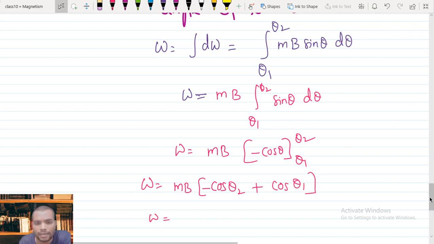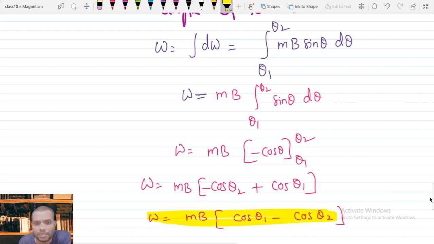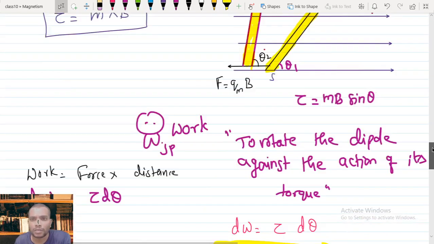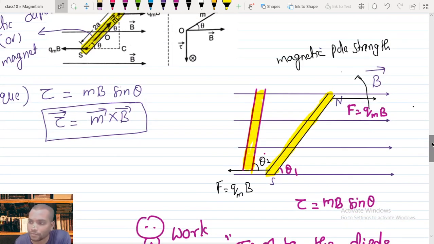If you rewrite, it becomes W equals mB of cos theta 1 minus cos theta 2. So this is the expression for the work to rotate a dipole from an angle theta 1 to theta 2 in the magnetic field.